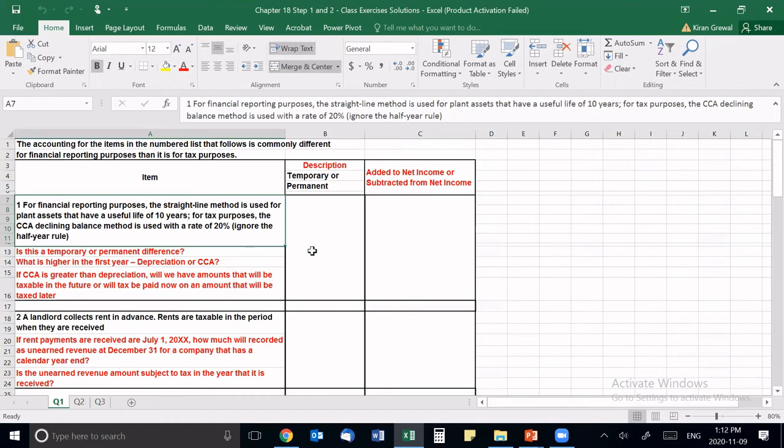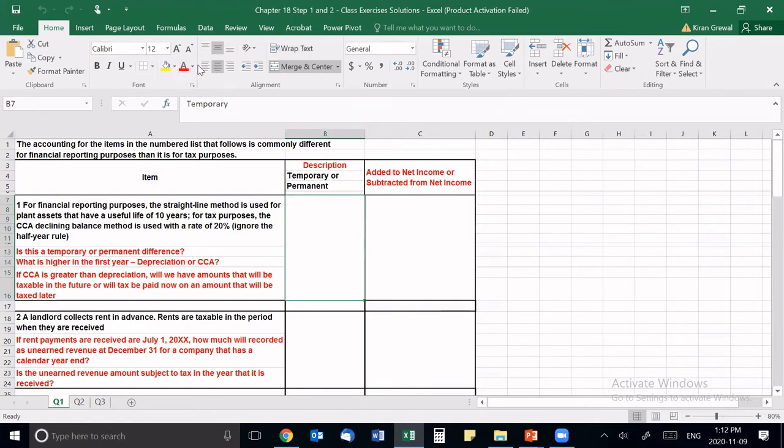So that's why this is a temporary difference. Okay, so it's a temporary difference because right now we're going to have a difference between accounting and tax, but eventually this asset will be fully depreciated, fully used up that CCA. So we're going to have zero for asset at the end.